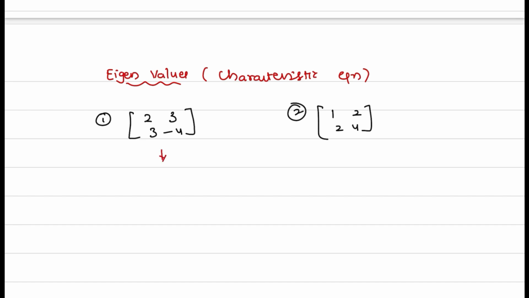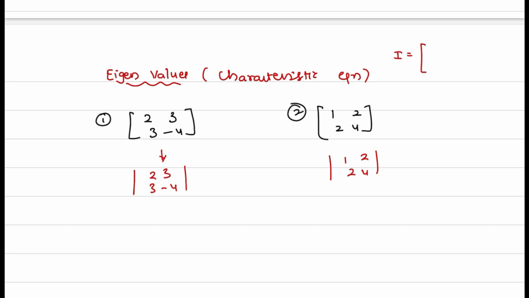In this case, what is the determinant? 2, 3, 3, minus 4. Here the determinant of 1, 2, 2, 4. There is one thing called the unit matrix I, that is 1, 0, 0, 1. The first row has only one element, A11, equal to unity.